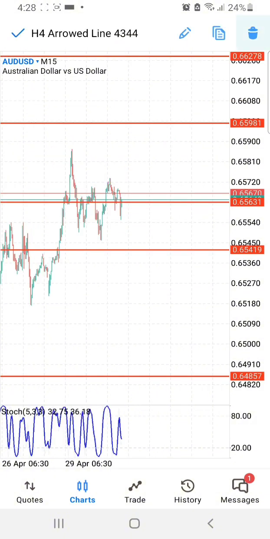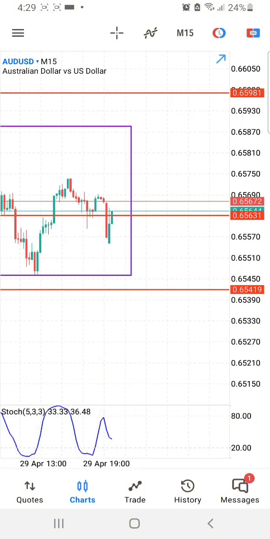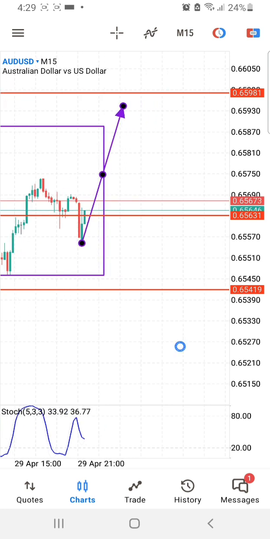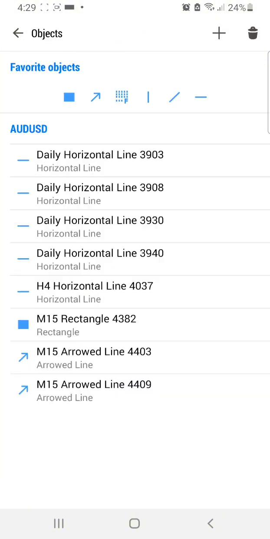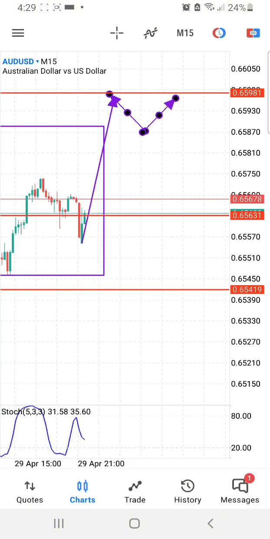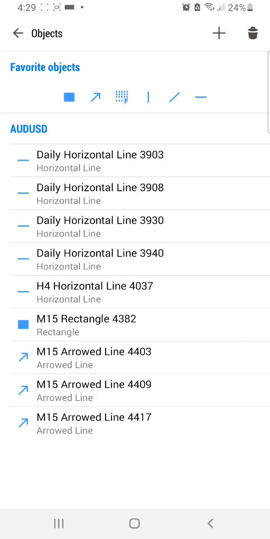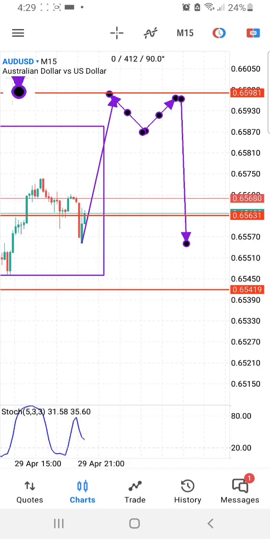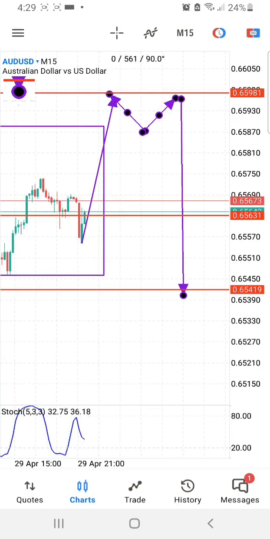Next thing I do, I go to the 15 minutes time frame. So what I want to see is price come right here, reject off that level, then come back again, give me a divergence, then drop to this level.